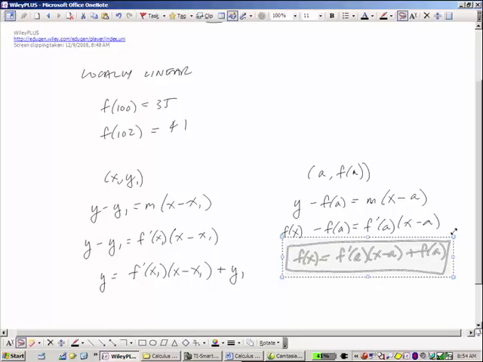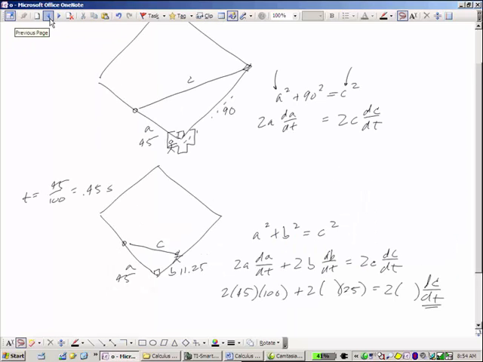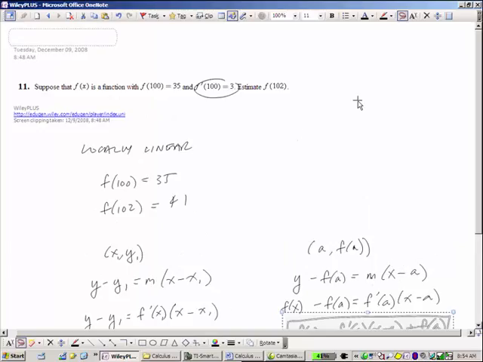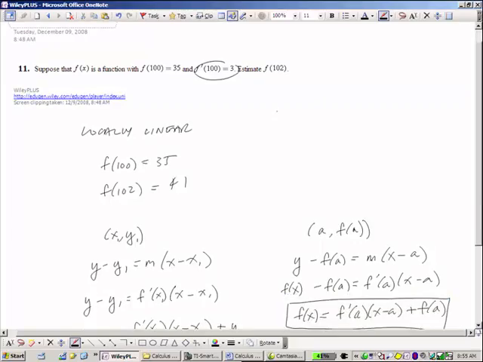Wouldn't it be nice to know how to copy? Let's go back one. Wait, where's Sam's problem? Oh, it's up here. Okay, fine. So if we go back to Sam's problem, we're saying that f of 102, well, what's the derivative at 100? All right, hold on.